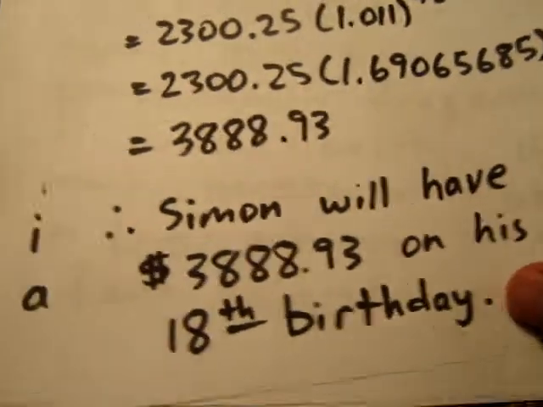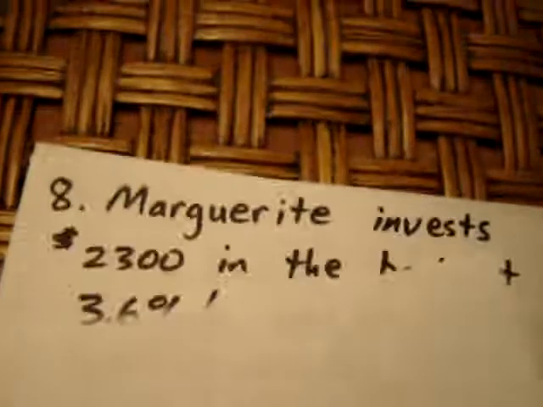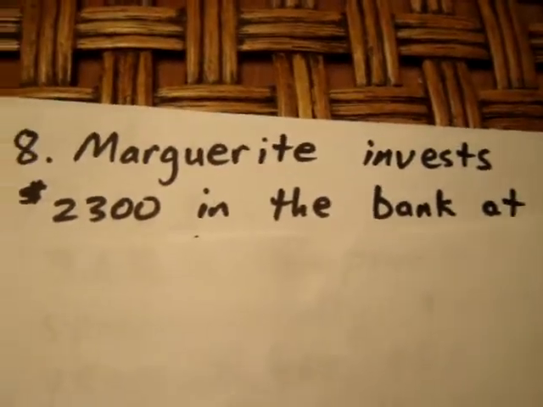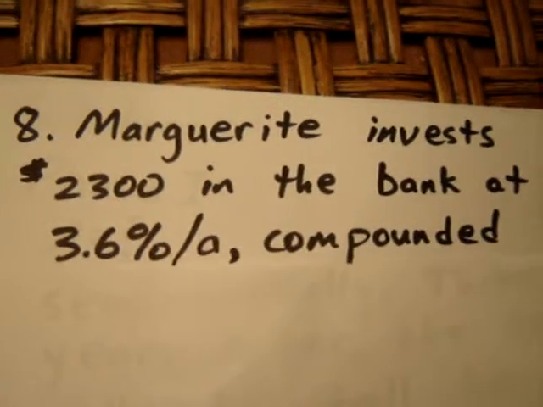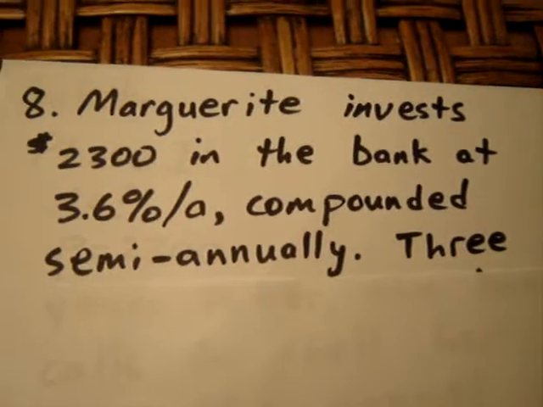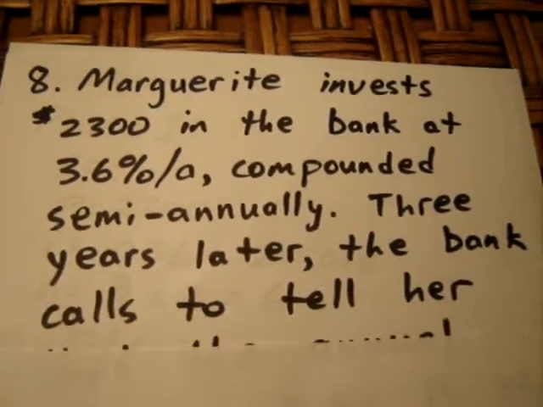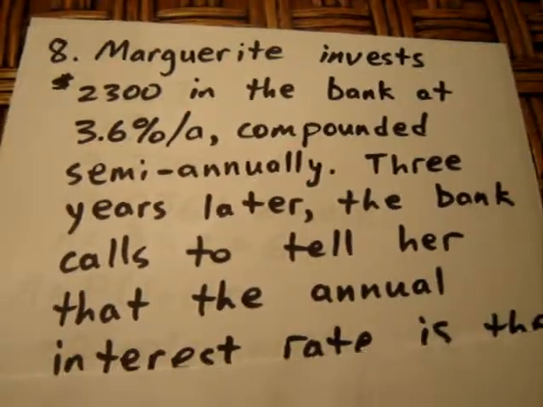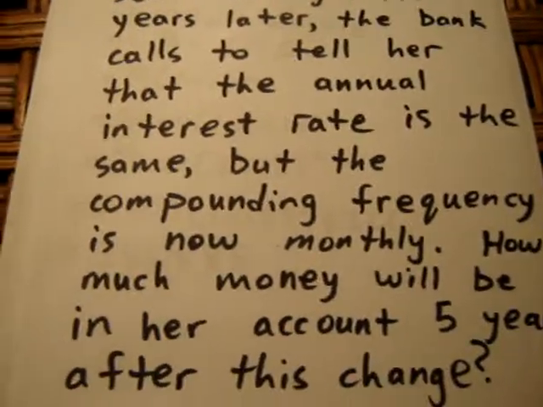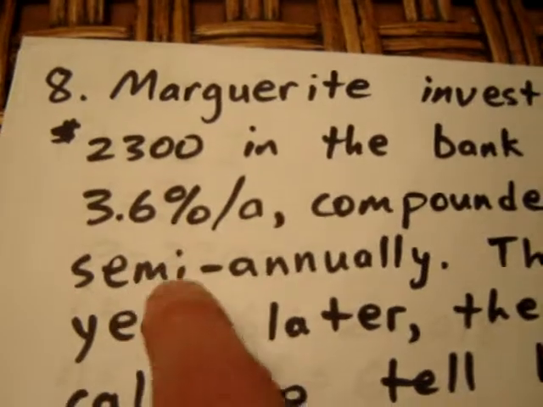Who knows? Okay, the next question talks about Marguerite. Marguerite invests $2,300 in the bank at 3.6% per annum, compounded semi-annually. So 3 years later, she hasn't done anything with it. The bank phones and lets her know that the annual interest rate is the same, but her compounding frequency is now monthly rather than semi-annually.